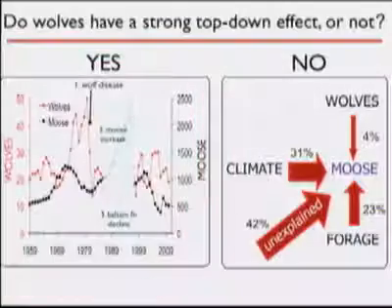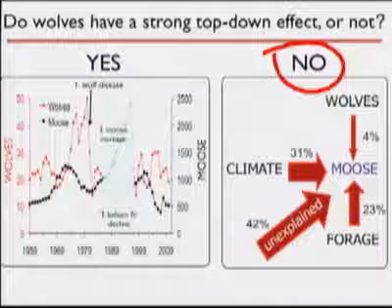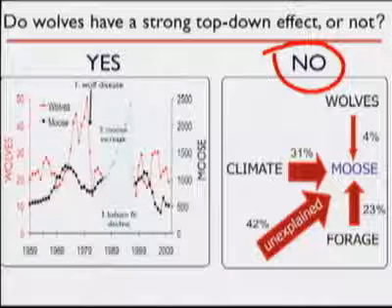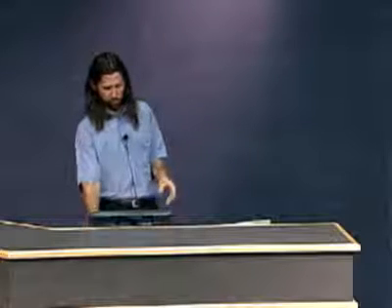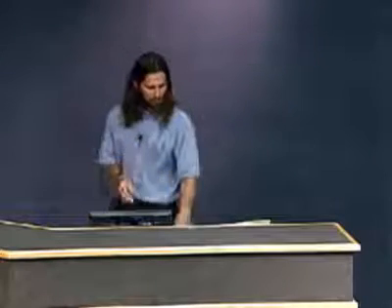But then if we look at this other situation here, what happens for the last basically 25, 30 years on Isle Royale after that crash, we find no, wolves don't have a strong effect on moose at all. We're getting different answers. In this case, I think the different answers are not so much because the system has changed. It used to be one thing, and now it's another thing. I think the reason that we're getting a different answer here is because the analysis is different, and the analysis is pointing out different aspects of population dynamics.